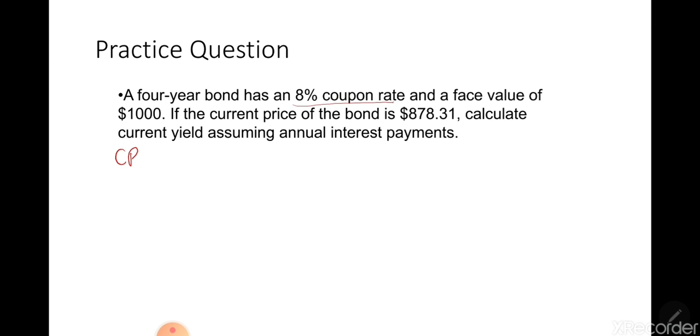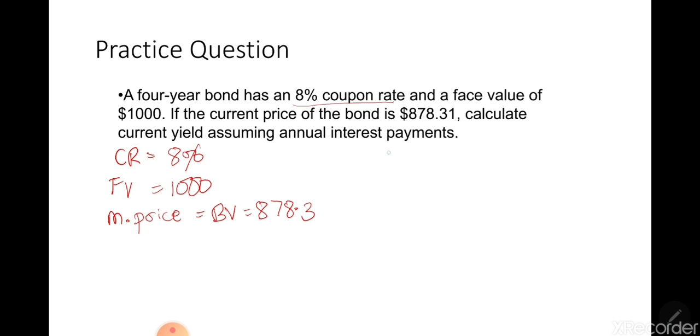The coupon rate is 8%. Face value is 1000. Current price of the bond is 878. So the market price, or you could say the bond value, is 878.31. Calculate the current yield.